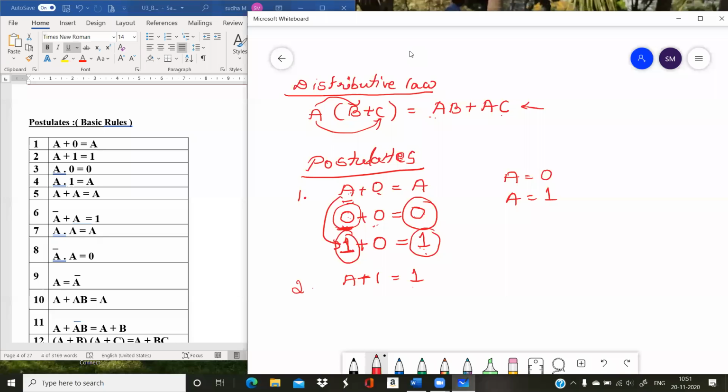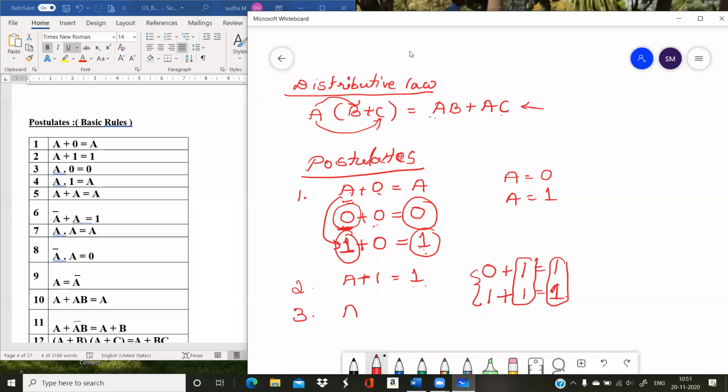Consider A equal to 0: 0 plus 1 is 1. If A is equal to 1, then 1 plus 1 is also 1 only. So A plus 1 is equal to 1. This is the second rule.